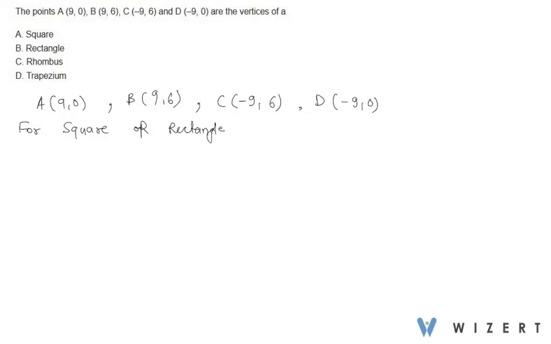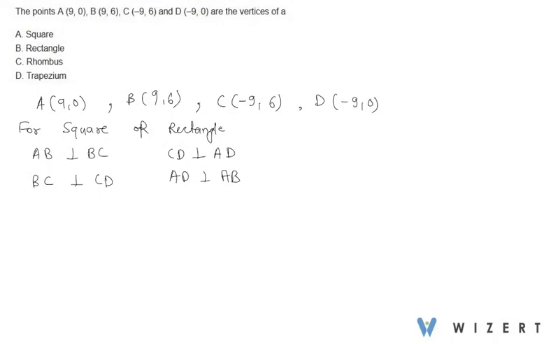If all adjacent sides are perpendicular, then we can check whether it's a square or rectangle separately. So AB should be perpendicular to BC, BC perpendicular to CD, CD perpendicular to AD, and AD perpendicular to AB.